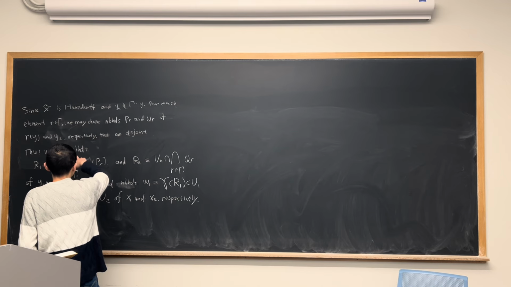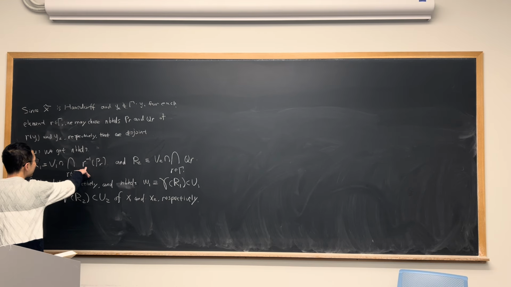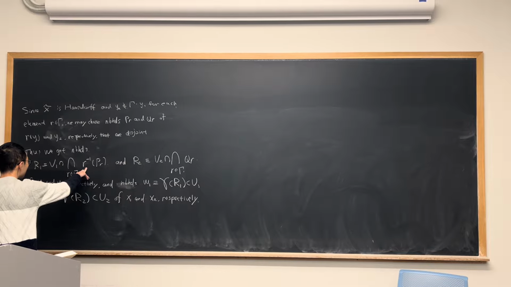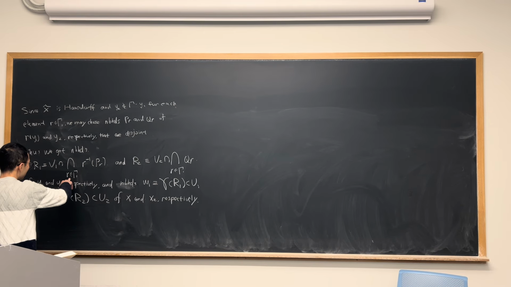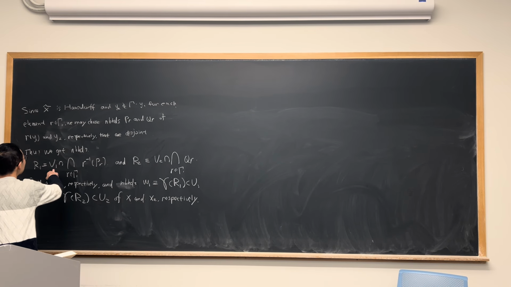Then we take the r inverse of this set, which is an open set, and then we take the intersection, which is a finite intersection of open sets, and then V1.